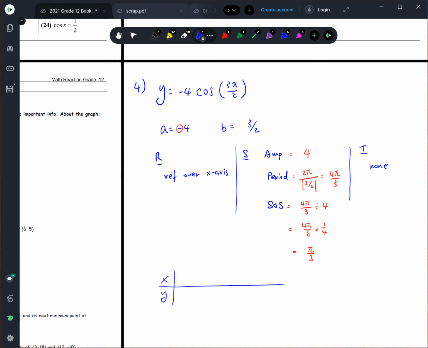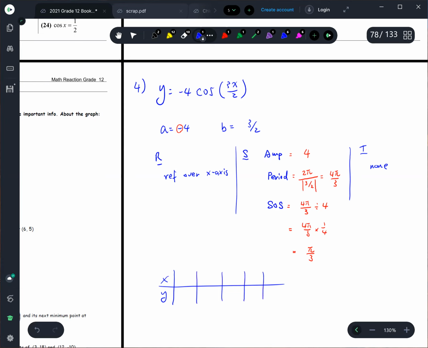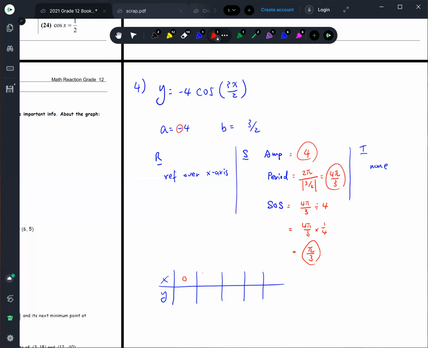Okay, and Waylon, how do you find the x values in the tables? Just start from 0 and keep adding the SOS. Yeah, what's the SOS here? Pi over 3. Yeah, can you tell me what will be the next one then? 2 pi over 3.